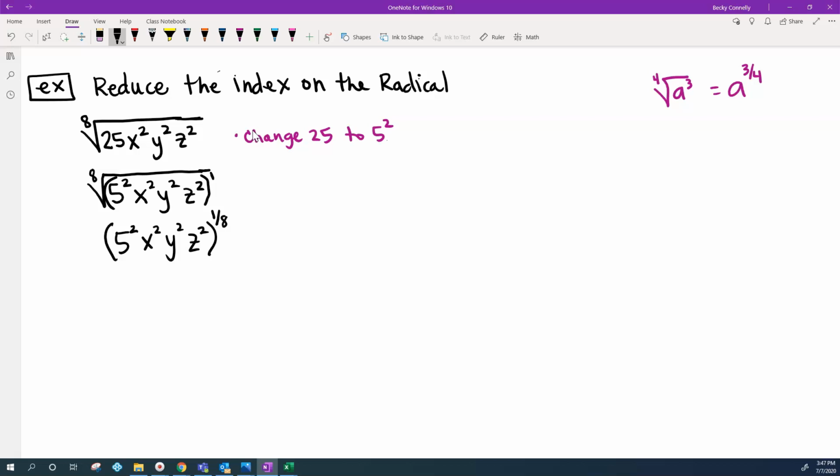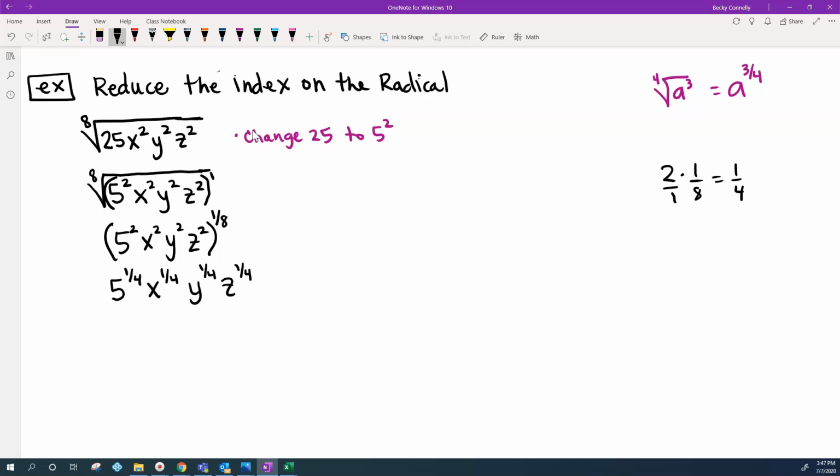Okay, now I'm going to distribute that 1/8 power through to everybody. All right, so I have 5, and then 2 times 1/8 is going to be 1/4. So now it's really 5 to the 1/4 power, x to the 1/4 power, y to the 1/4 power, and then z to the 1/4 power.